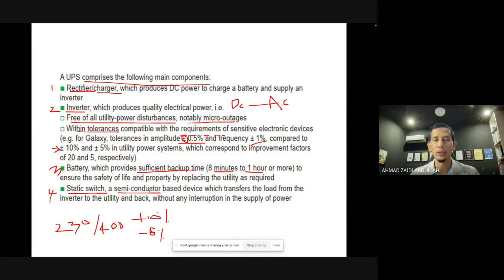So this is a semiconductor switch which transfers the load from the inverter to the utility and back. It transfers back when the interruption is over. Say there was no supply, so it will turn on. Let's say TNB is coming back, so it will automatically switch off. That is the function of the static switch.